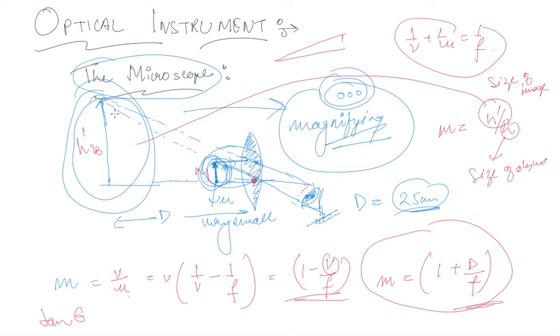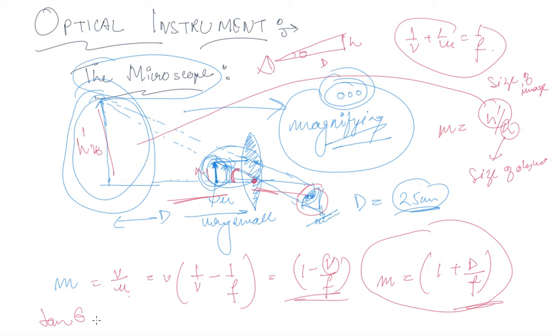So what is this angle that you're looking at? This angle theta, if you look over here with your eye, is this h and this distance d. This is your distance d and this is your distance h. So you are talking about this angle, the angle at the eye, which is nothing but your tan theta.